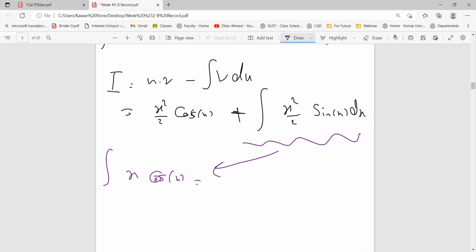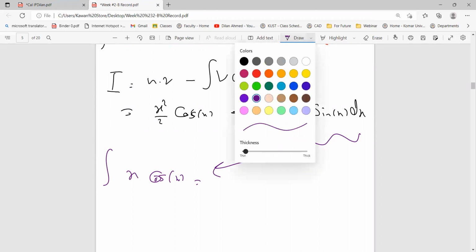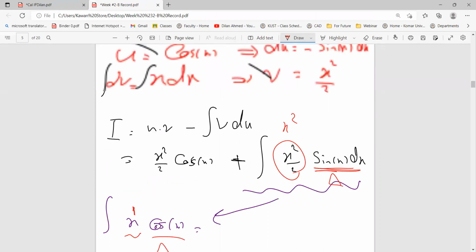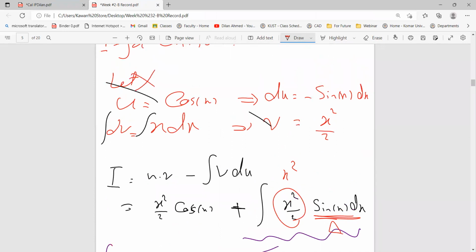Why harder? In here we have a linear polynomial, degree 1, with trigonometric functions. How about here? We have degree 2. So we made it more complicated, right? So it's harder than the previous one. So that's why I say my choice of u is not right. I'm on the wrong way.